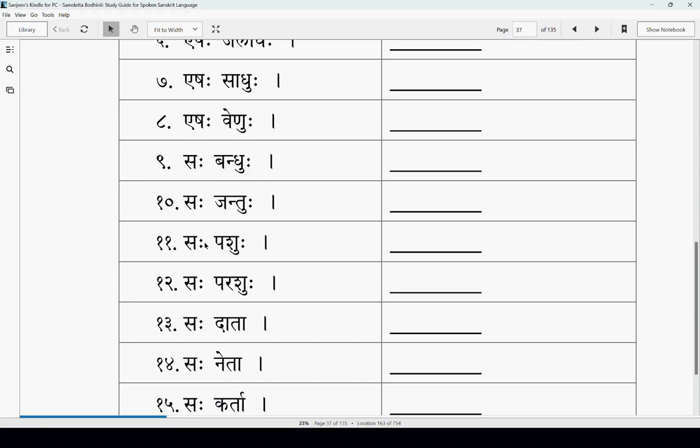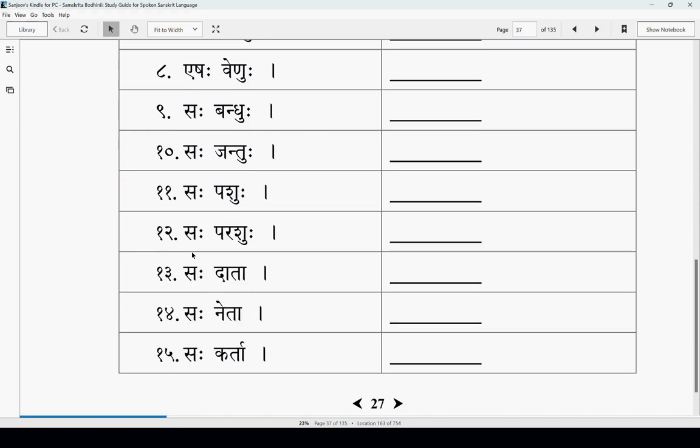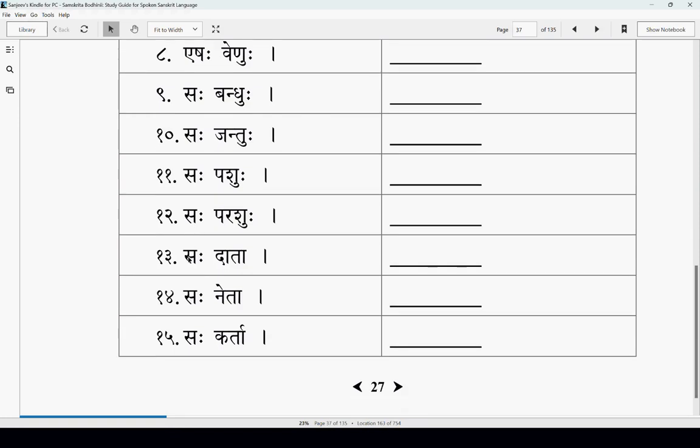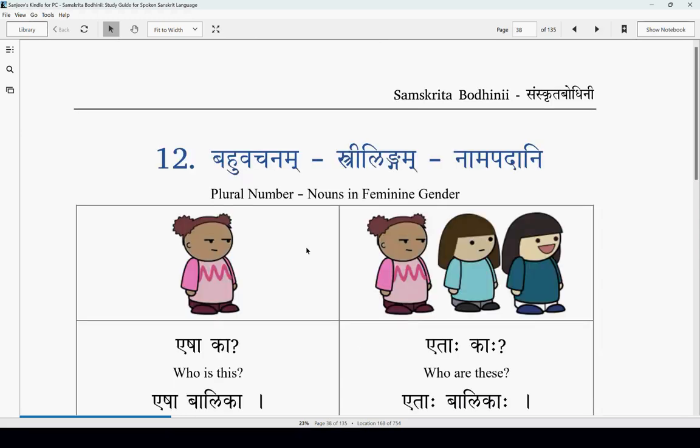Flute. Bandhu, relative. Jantuhu, animal. Pashuhu, also animal. Parashuhu, it's an axe. Data, giver. Neta, leader. Karta, doer.